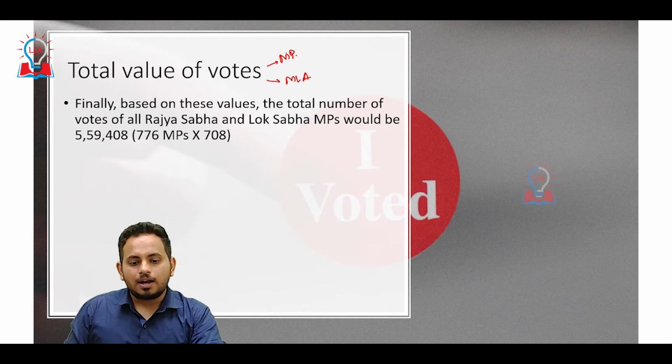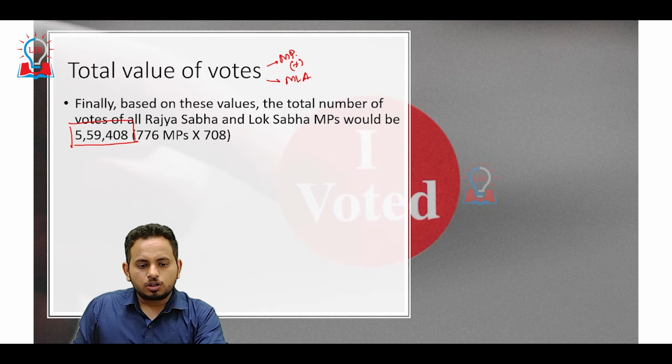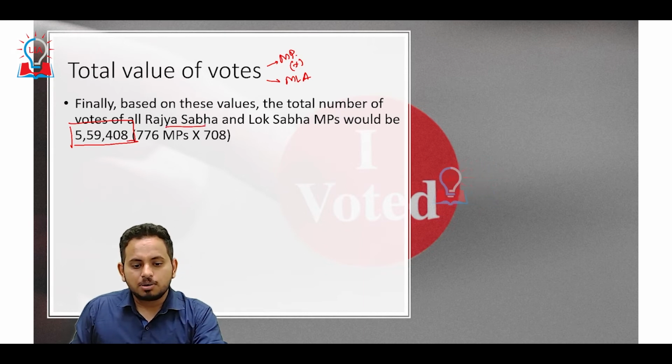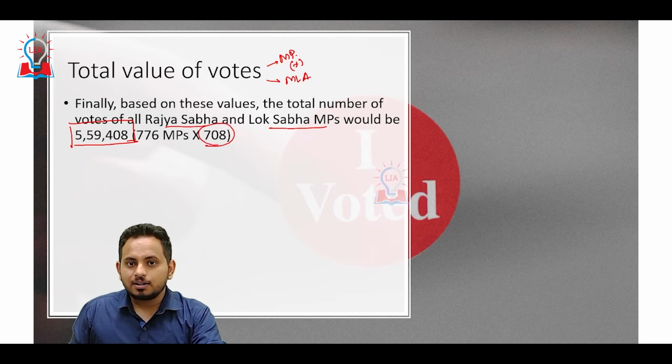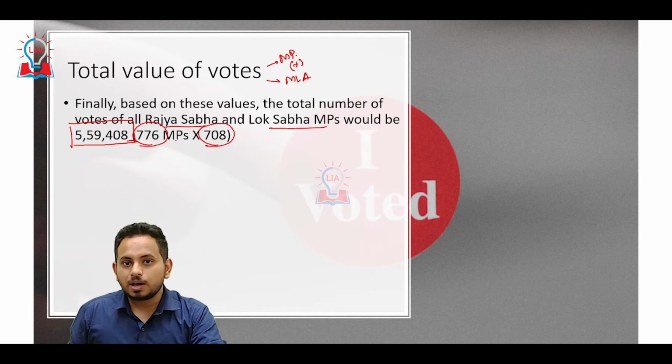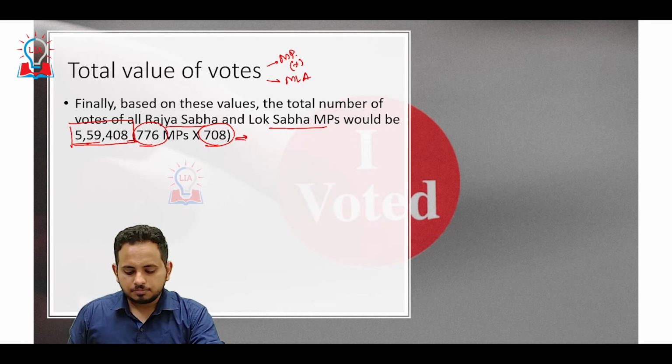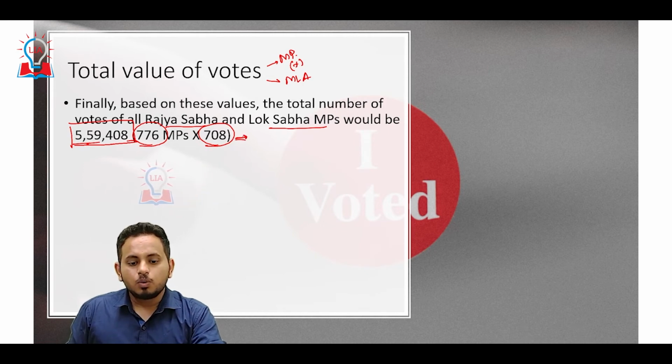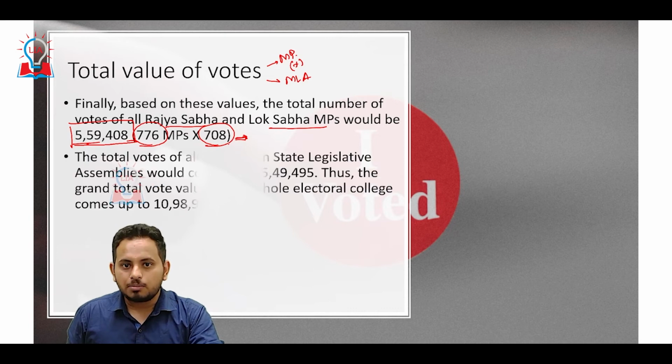Finally, when we add all the MPs, Lok Sabha and Rajya Sabha, the value of each vote is 708, and 776 is the total number of elected MPs we have from both Lok Sabha and Rajya Sabha, and 776 into 708 will give you 5,59,408. This will be the value of votes of members of parliament.